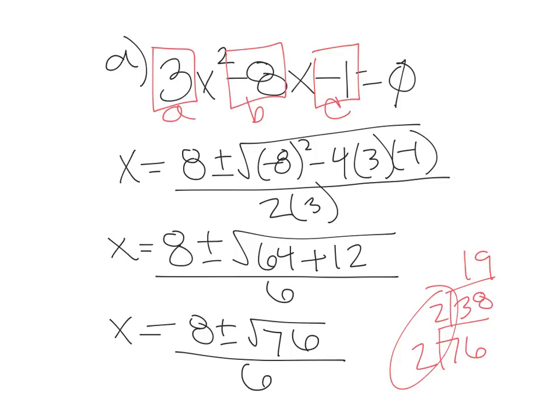So instead of 8 plus or minus the square root of 76, I can write it as x equals 8 plus or minus 2 square roots of 19, and they're each being divided by 6. So I can reduce those fractions now.